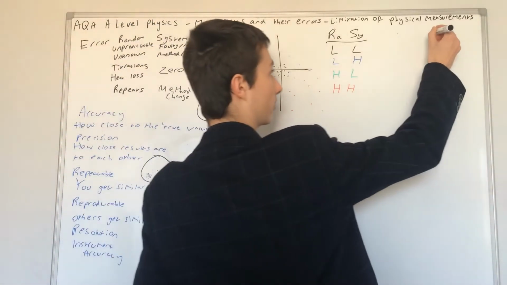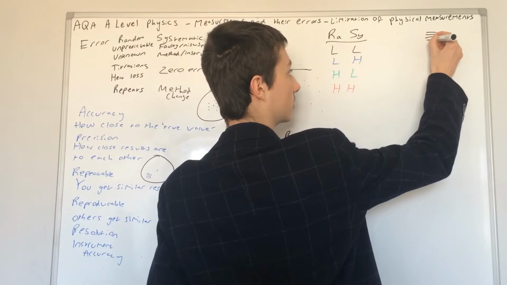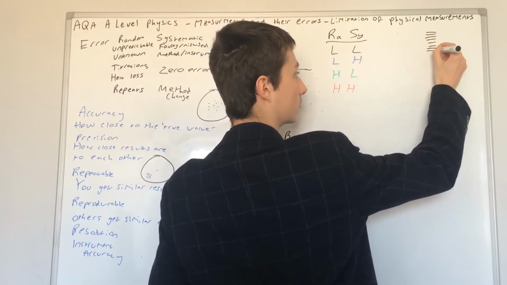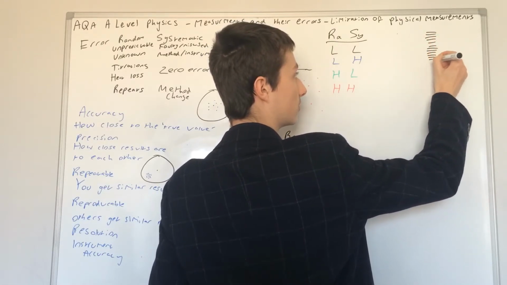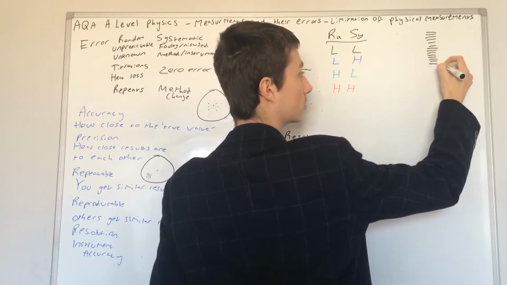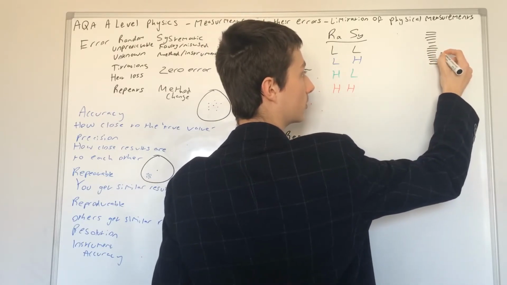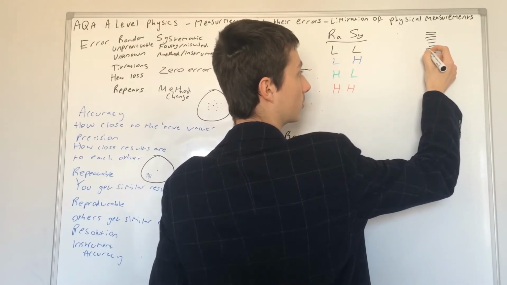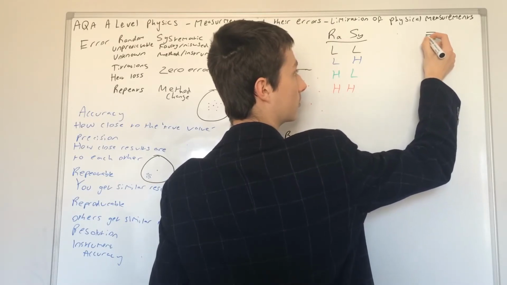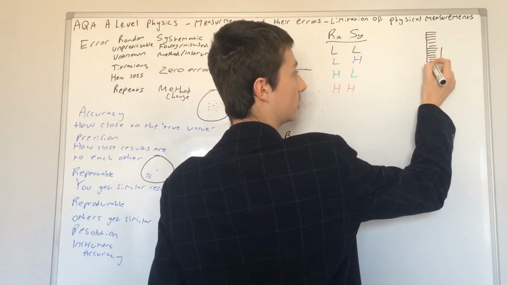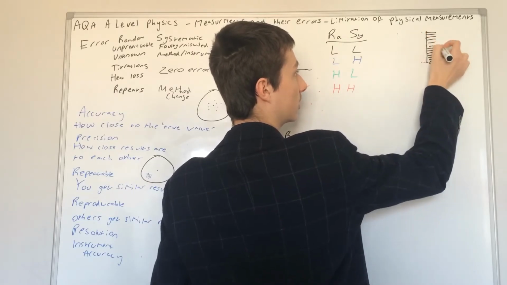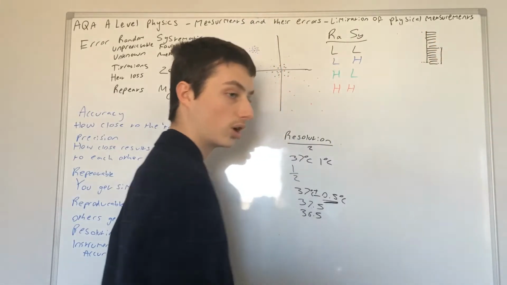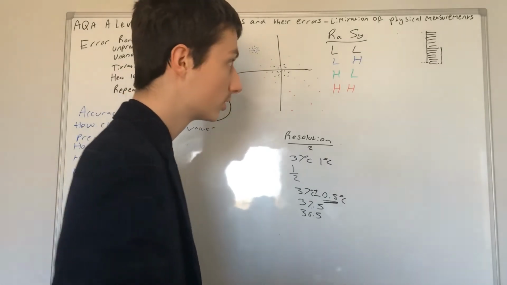Say we're measuring something. Here is a ruler. And say these are the lengths of 2 lines, as they are in this case.